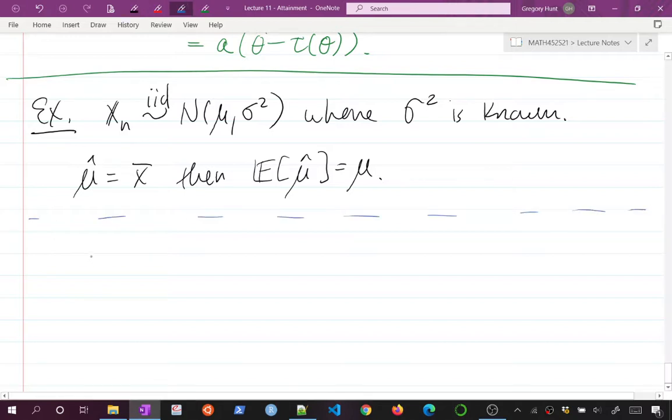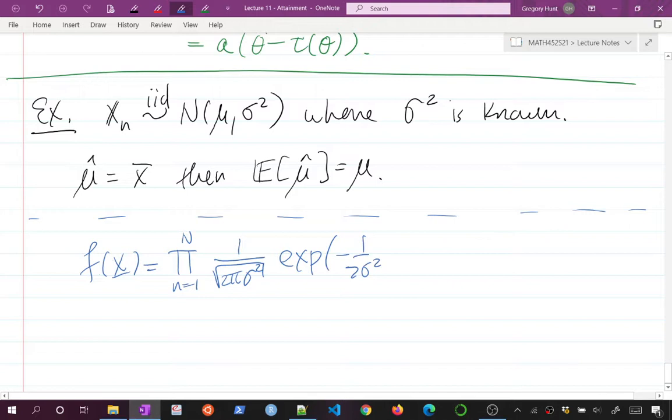So our score, f of x's was, I've probably done this a million times, so I'm going to do it a little bit fast. The joint distribution is a product of the marginals. Each marginal is normally distributed, 1 over root 2 pi sigma squared, exponential of -1/2 sigma squared, xn minus mu, quantity squared.